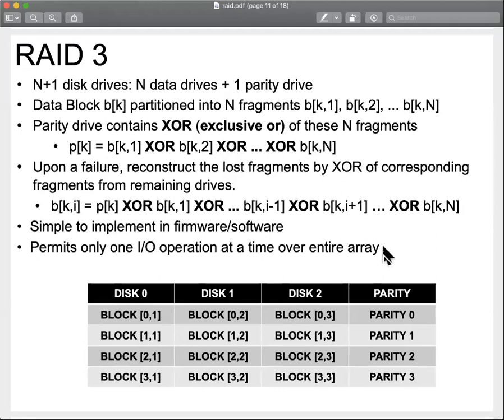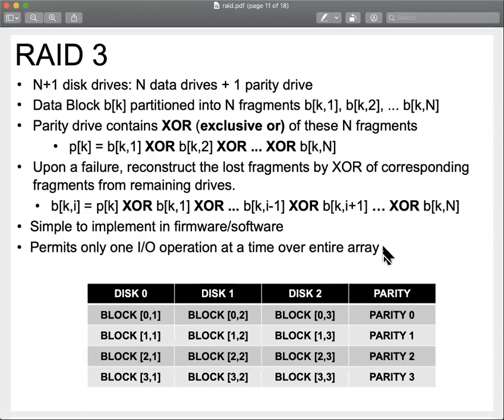Suppose you don't want to spend a lot of money on a complex RAID controller that handles a lot of IO requests. So you have a simple RAID controller that just handles one IO request at a time. You give it a block, it finishes the IO operation on that block, and then it comes back to get the next block. If you have such simple logic built into the RAID controller hardware, then you can use something like RAID 3.